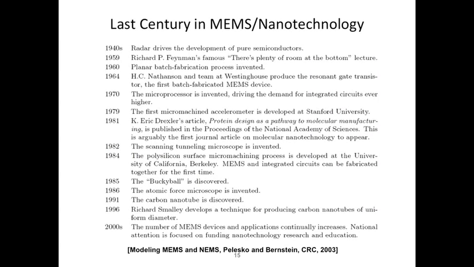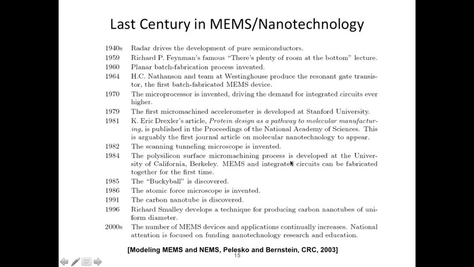Okay, then some of the last century MEMS and nanotechnology timeline, for example, let me look at some good numbers. The buckyball is a ball made up of carbon, right? So nanoscale. Smalley was a scientist at, I think, Rice University who discovered it, along with another scientist whose name I forgot, in 1985. You can go through the list by yourself.